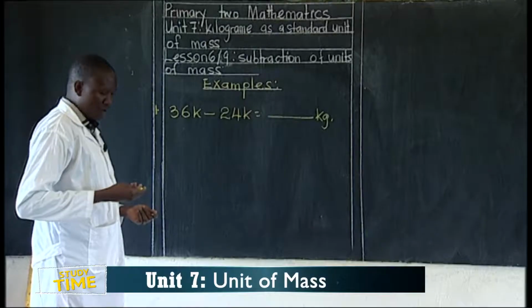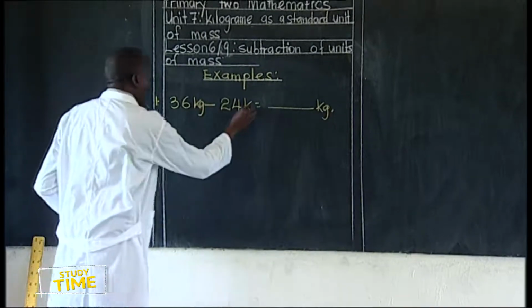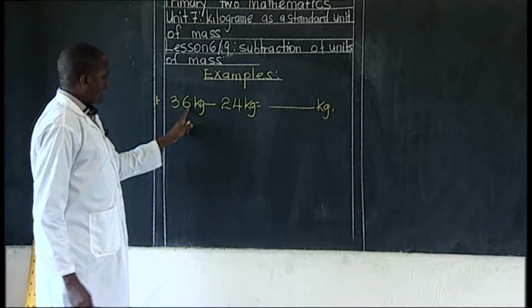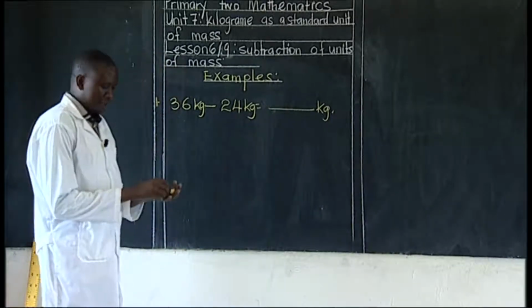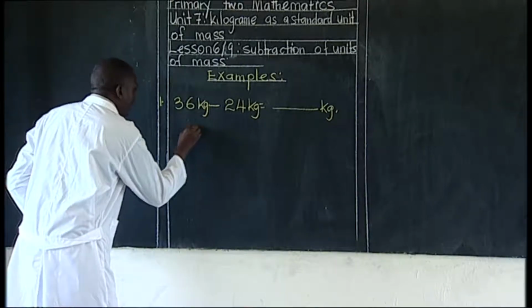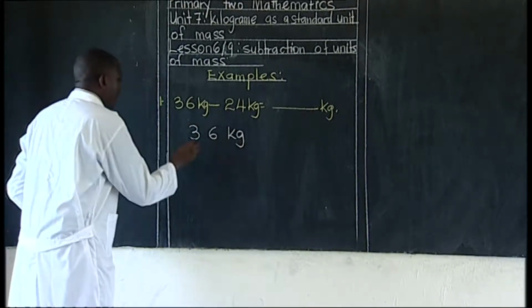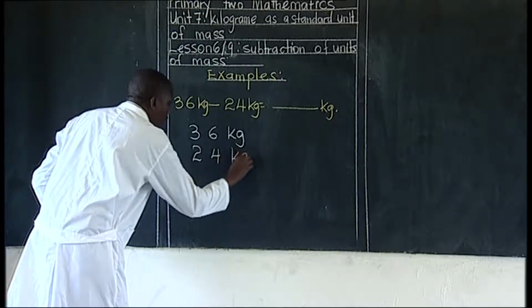Let me add here kg to make it kilograms. 36 kilograms, take away 24 kilograms equals dash kilograms. We are going to arrange the kilograms by saying this is 36 kilograms. Then I will put here 24 kilograms.